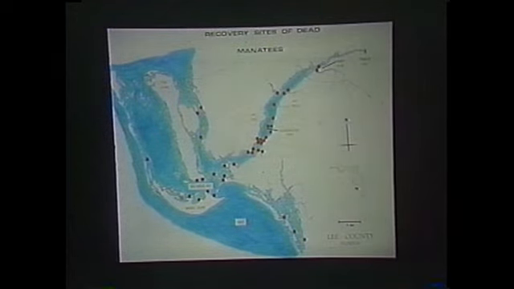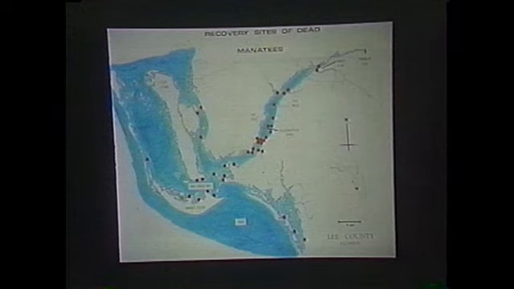Another type of environmental disease that led to die-off was due to red tide. The animals that died on a larger scale were clustered around a certain area in the Fort Myers area on the Gulf Coast, on the west coast of Florida.